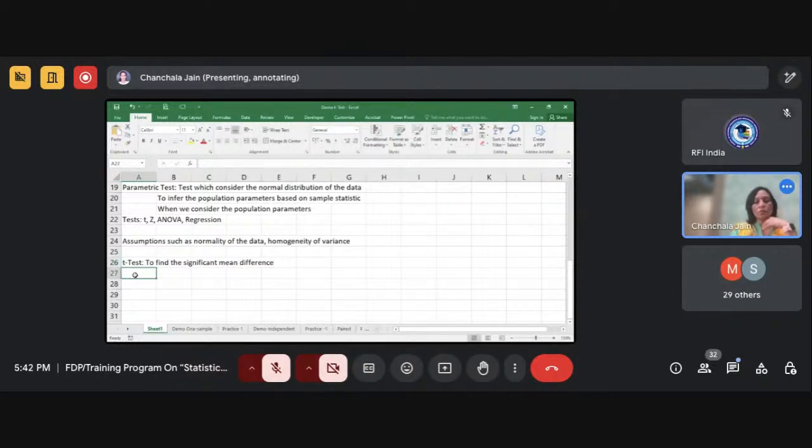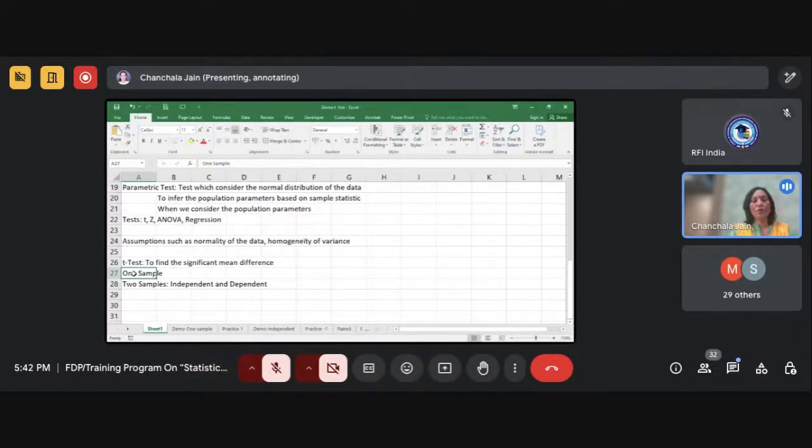There are varieties available in the t-test. We can classify the t-test into one sample and two samples. In the two samples category, we have the independent and dependent, right?